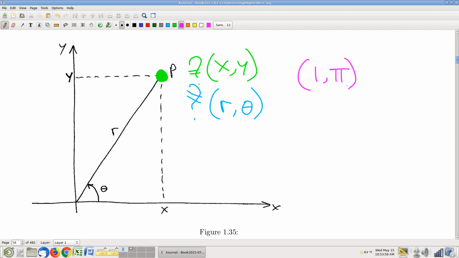There's a temptation to say, that pi, that looks like an angle. I feel like this is probably polar coordinates. R is 1, theta is pi. But we've got to recognize there is a point where x is 1 and y is pi, and I might want to talk about that point someday.